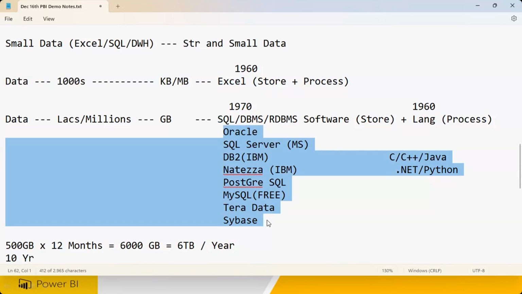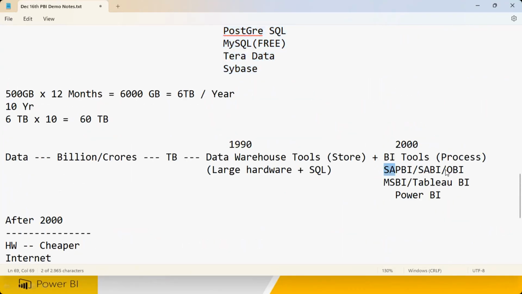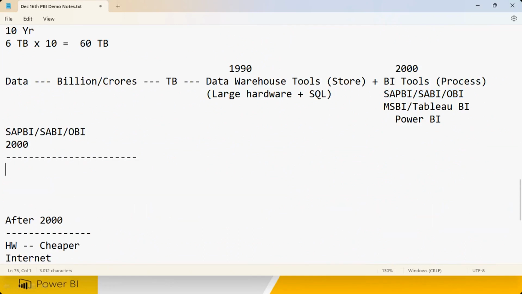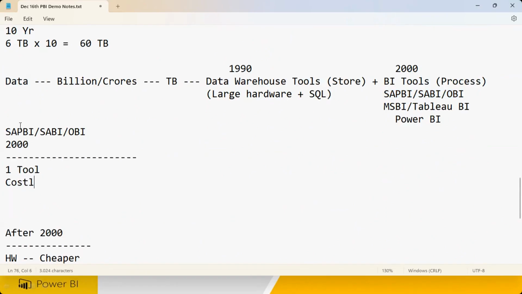Clear? Now, I will give you a small understanding of these tools. These started in the year 2000. Only one reporting tool is given, and these are very costly tools, and very complex to understand.